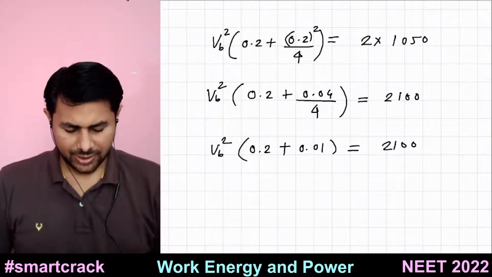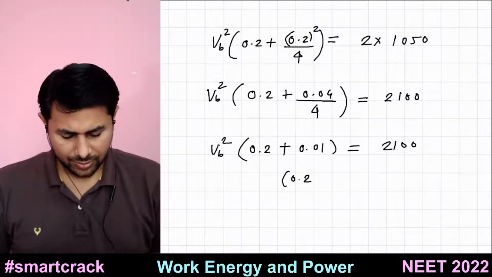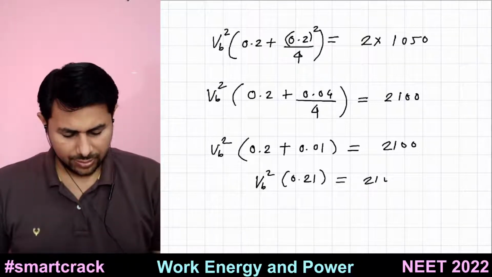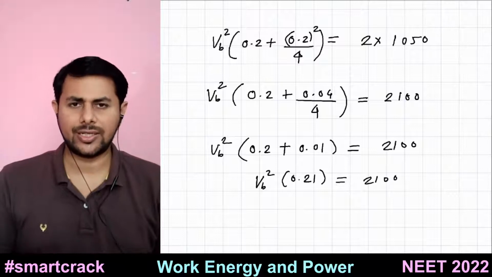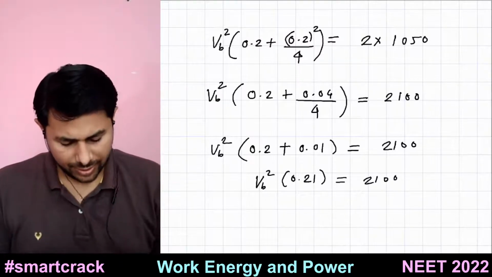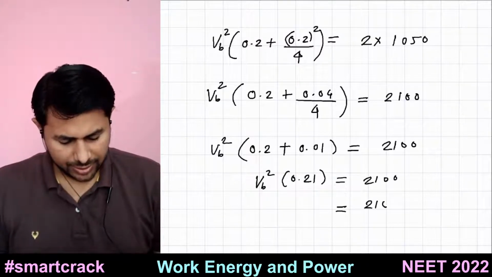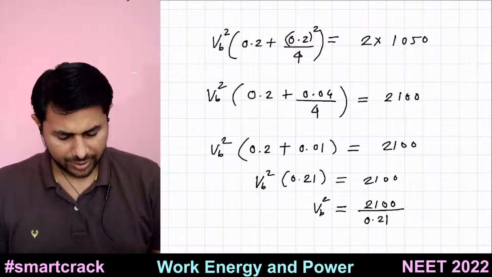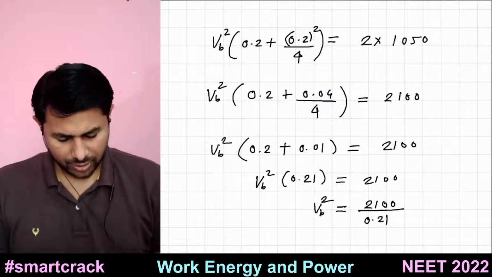So 0.2 plus 0.01 gives us 0.21. That's 2100, and now we can take that 0.21 on the other side. So 2100 divided by 0.21 is vb square. How much is that?